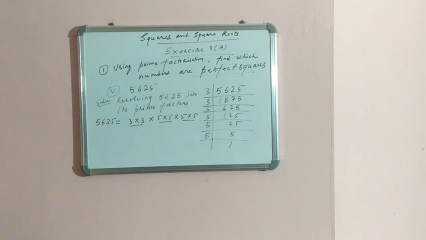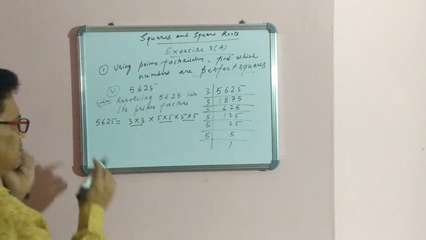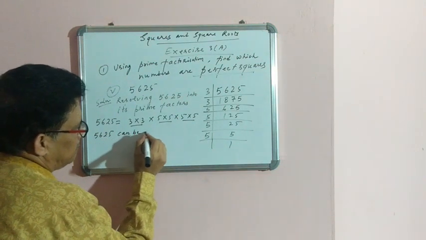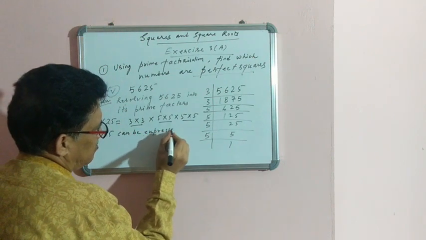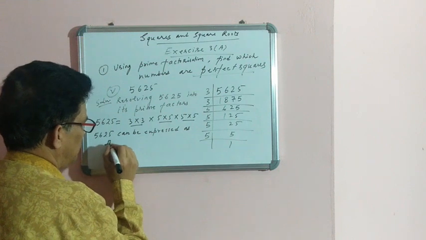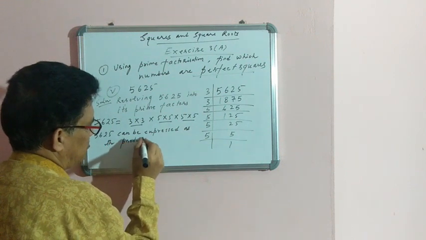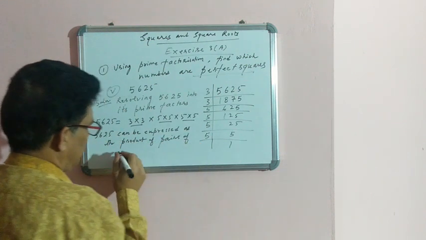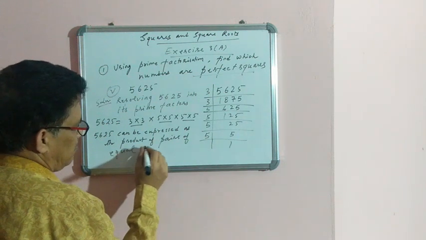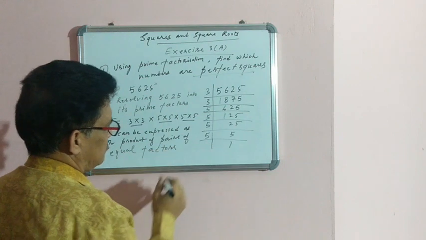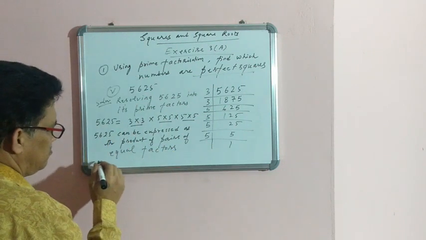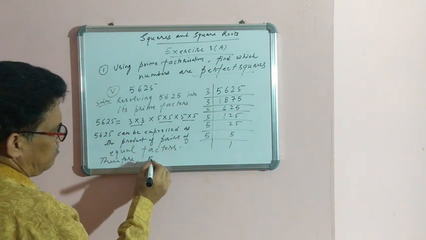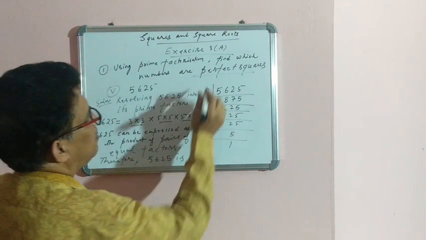Every factor is now in pairs. So 5625 can be expressed as the product of pairs of equal factors. Therefore, 5625 is a perfect square.